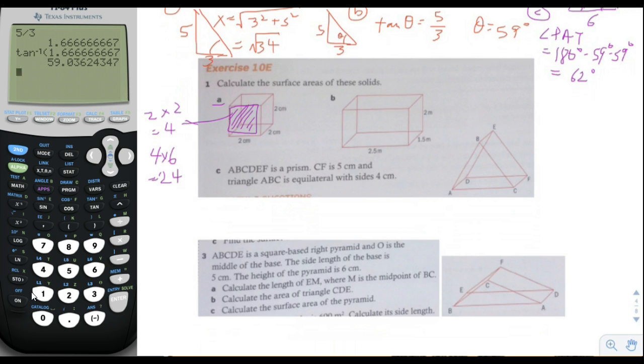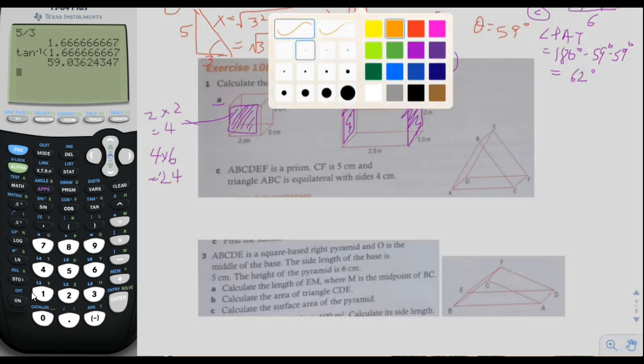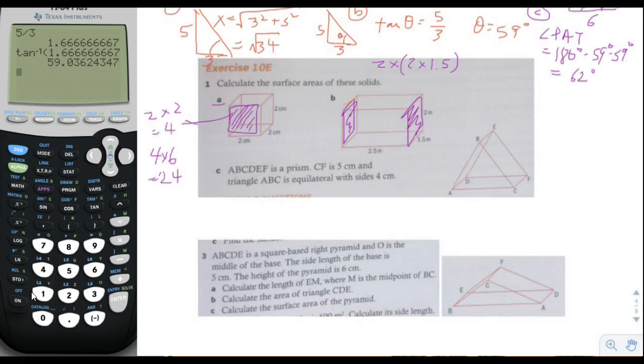What about B? Well, B, it's got different surfaces, right? But some of the surfaces are the same. So for example, the ends, look at these two ends. They're the same dimensions. So we could put 2 times, because there's two of them, and the area is 2 meters times 1.5. Okay, and then let's see, we'll draw the top and the bottom in orange.